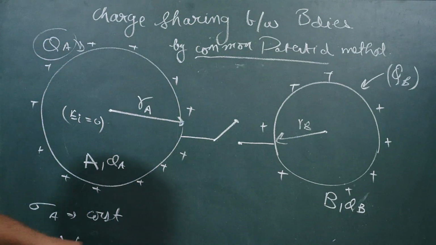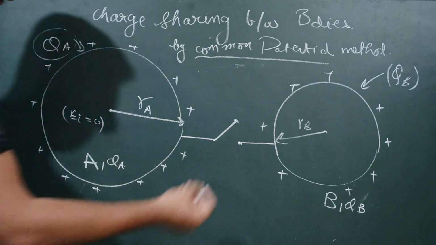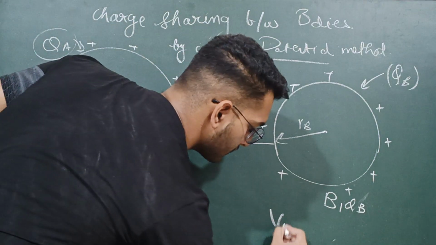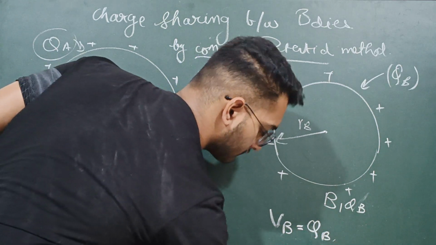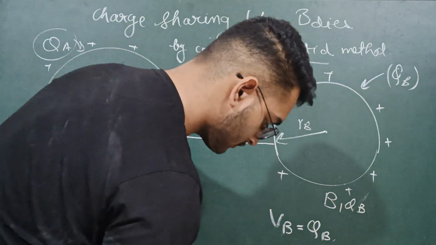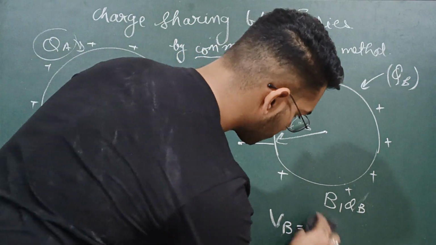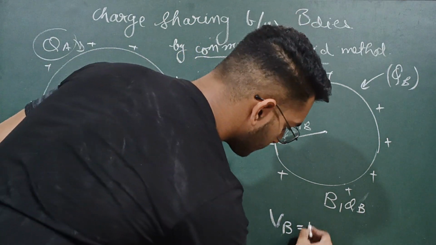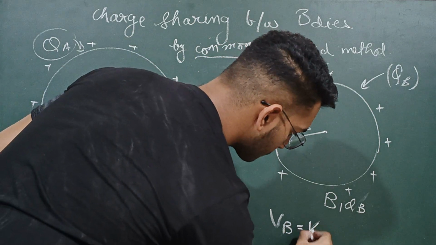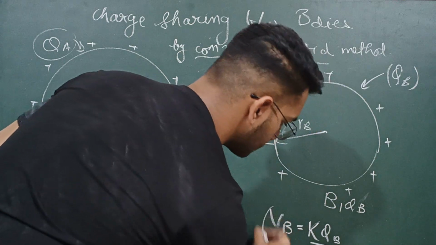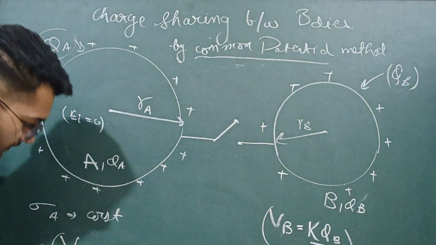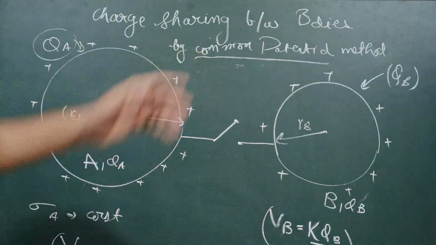So it is KQ by R, that just becomes KQA by RA. Same for the sphere B. VB equals KQB by RB. So these are the potentials at the surfaces of these spheres.